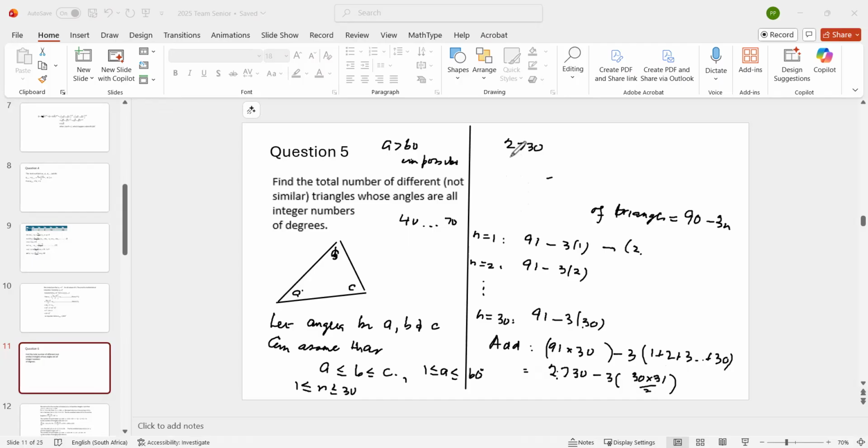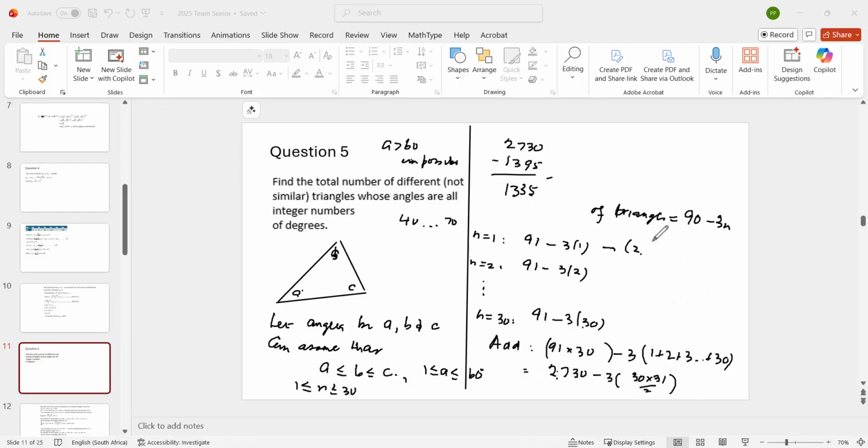So that becomes 1395. Subtract these two. So this works out to 1,335 triangles.